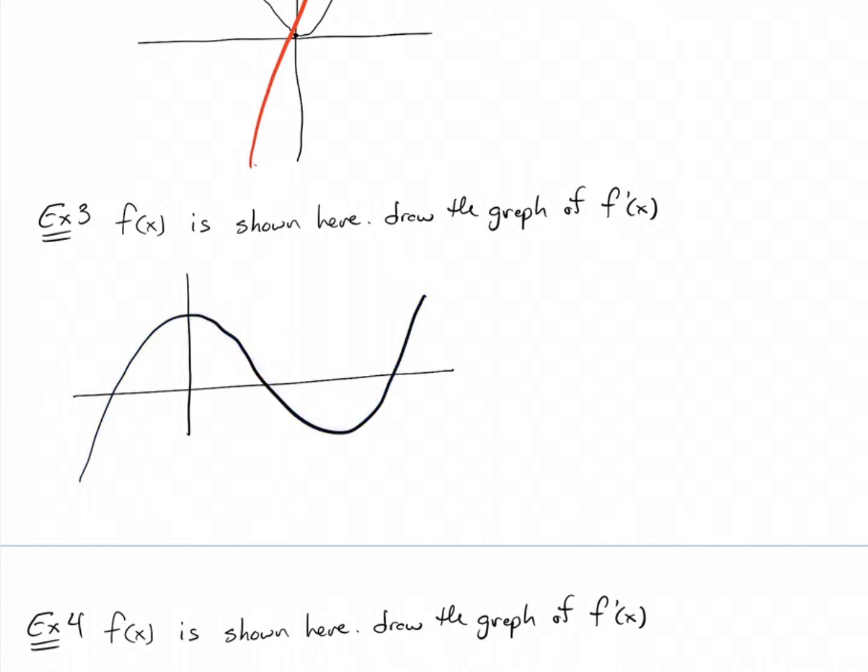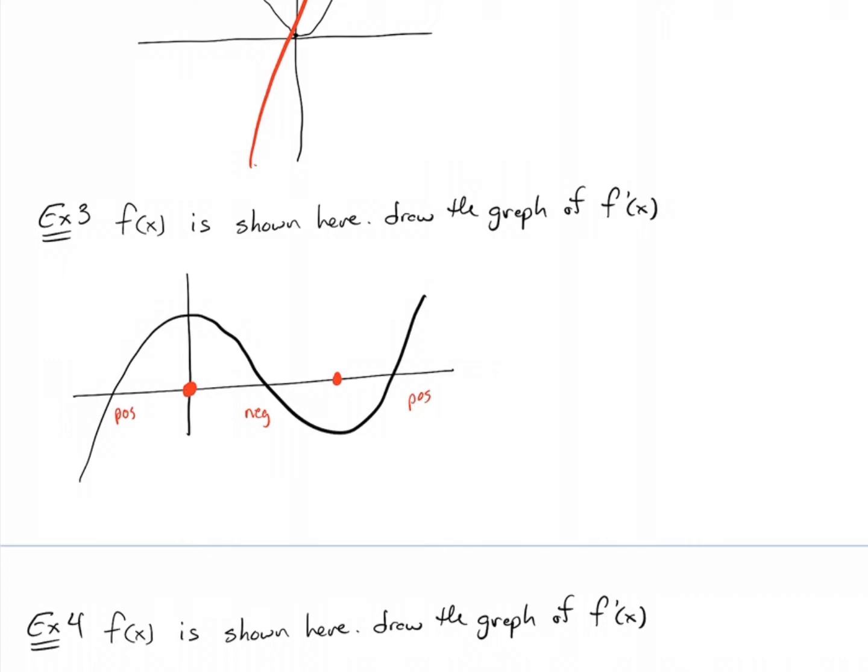And at the top and bottom of these, the tangent is 0, so the derivative is 0. So the way you do this is you draw in the derivative by saying the derivative is 0 here and here. And in between, it's going to be positive over here, negative in between, and then positive over here.